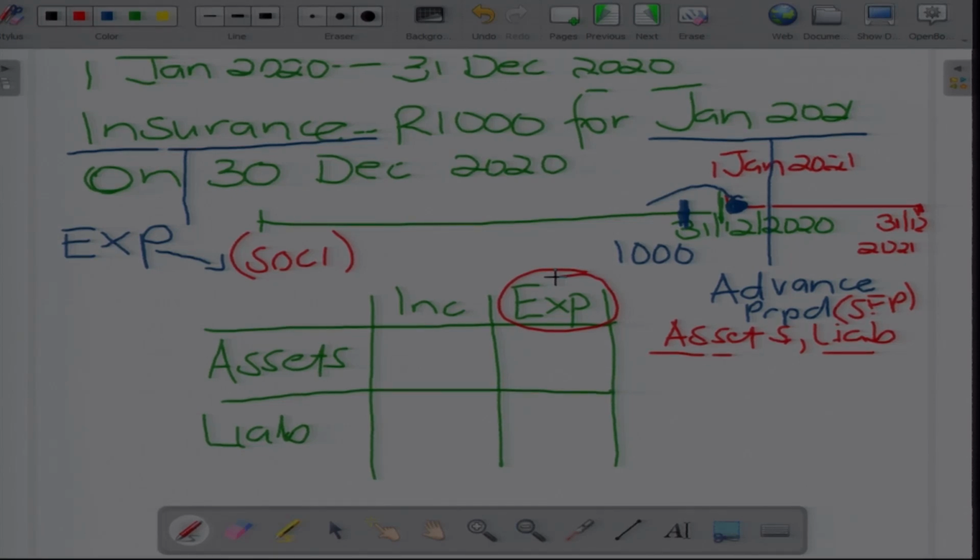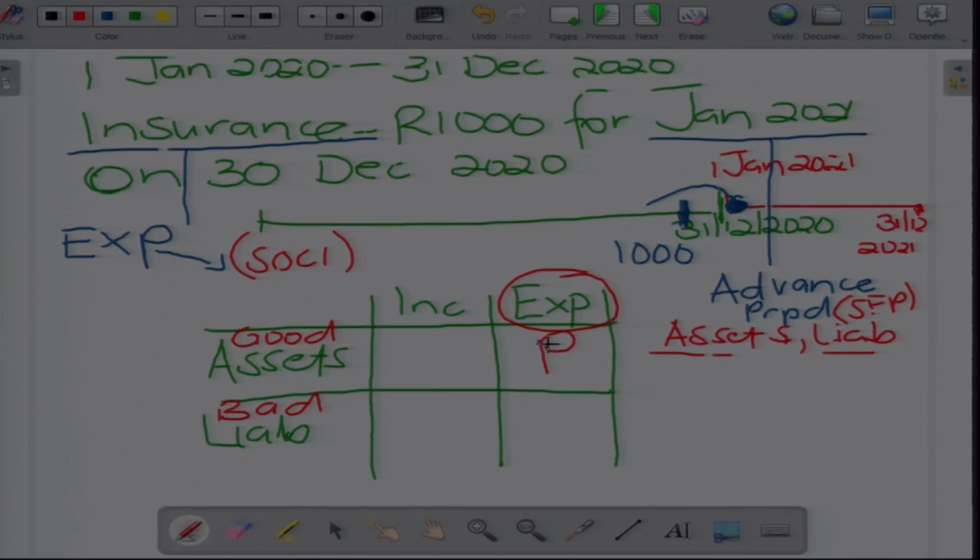So meaning that the prepaid expense, now remember, asset is good and a liability is bad. So if I paid you beforehand, you now owe me, I don't owe you. So that is good for me. So a prepaid expense is an asset.